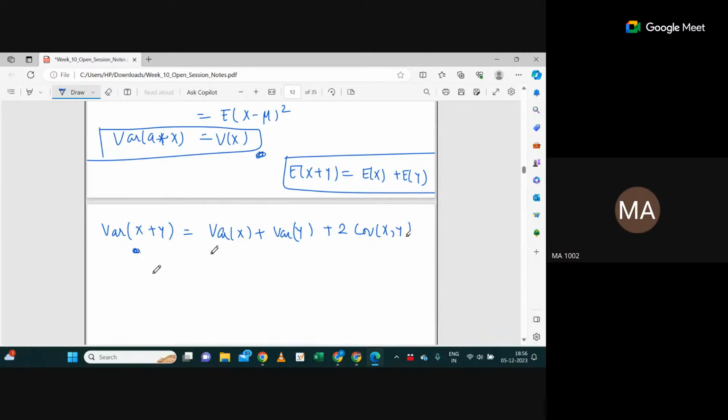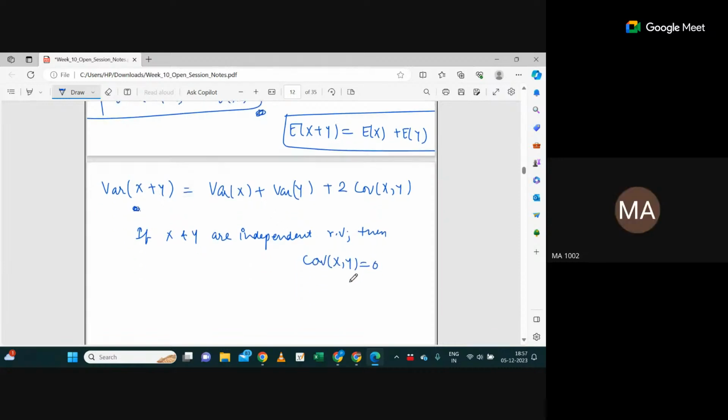We can say it only when x and y are independent random variables. That means the covariance between these two random variables is 0.